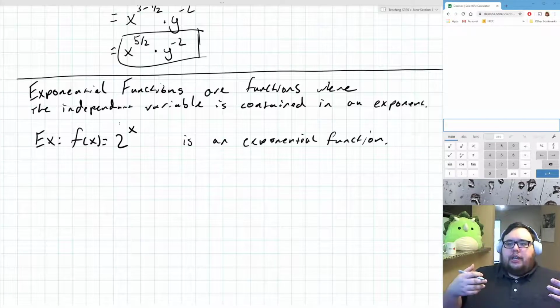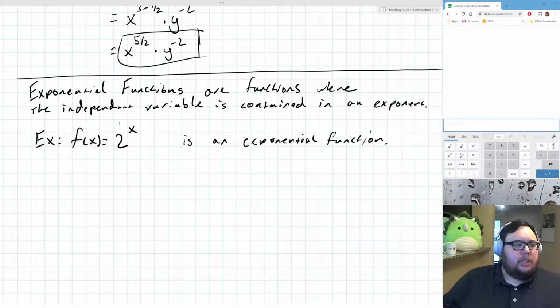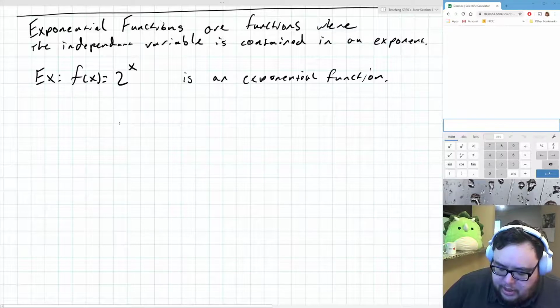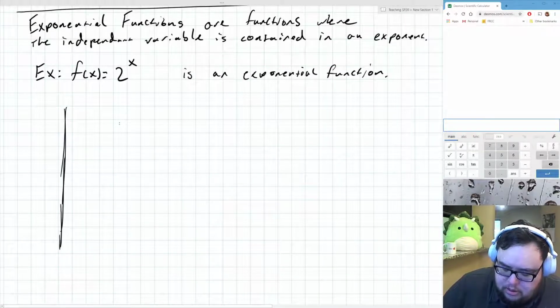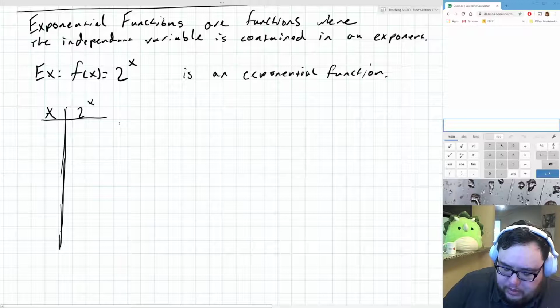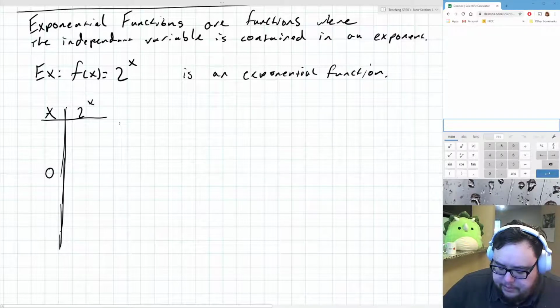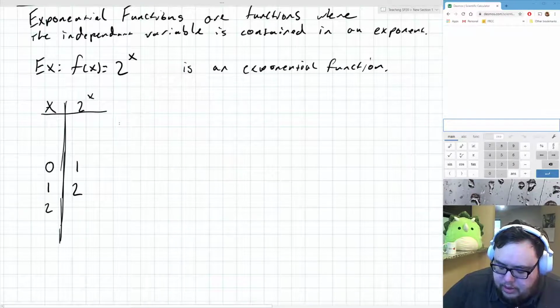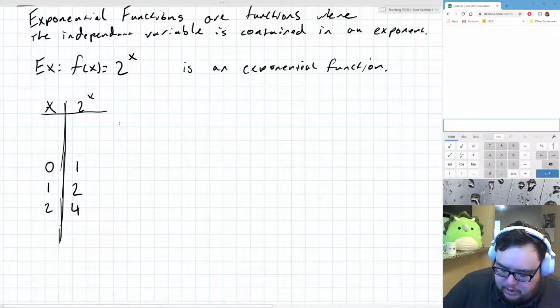We can get an idea for what they look like by taking a table of values and then graphing the exponential function. Let's make a table with x and 2 to the power of x. Let's start with 0. 2 to the power of 0 is 1, because anything to the power of 0 is 1. 2 to the power of 1 is 2. 2 to the power of 2 is 4. 2 to the power of 3 is 2 cubed, which is 8.